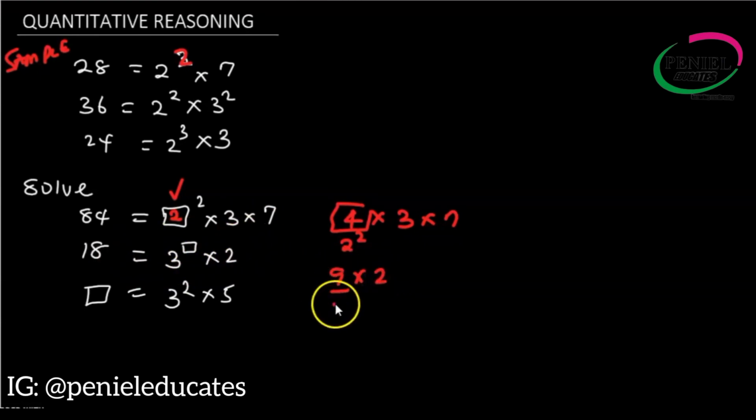Then this particular one is 3 raised to power 2 multiplied by 3. So what will be here is 2. All right, here we have 3 raised to power 2 multiplied by 5. That is 9 multiplied by 5. Then definitely what will be here is 45. So you can have different examples, different exercises that you are given to sort that out.